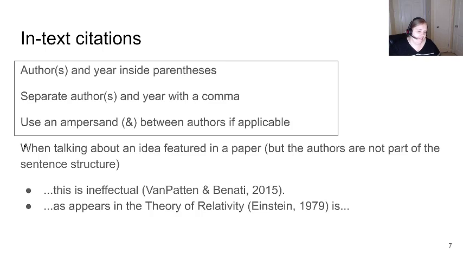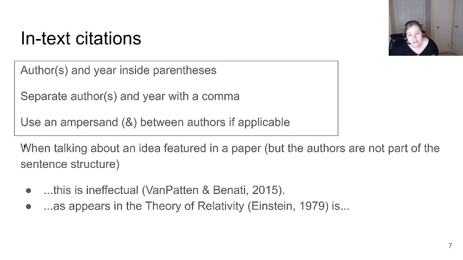This is meant to parallel the previous one. Anyway, if we're talking about the idea and they're not in the sentence structure, it's actually more common. I think you do more of this, really. But anyway, the author or authors now appear inside the parentheses. The authors and the year are separated by a comma.